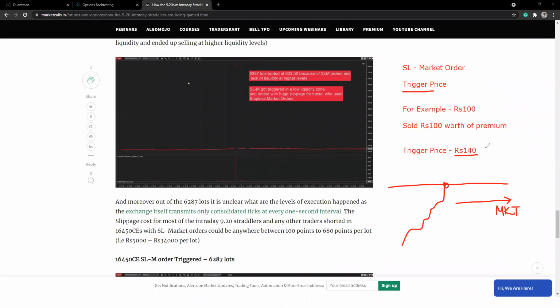Maybe if the next buyer is available at 141, it will execute at 141. Or if the next buyer is available at 145, it will exit you at 145 only. If the next buyer is available at 600, there are no intermediate traders, then it will buy at 600 rupees. You will incur serious losses.